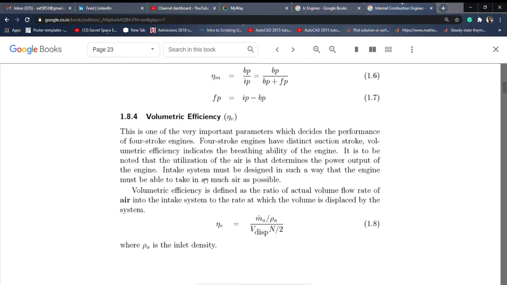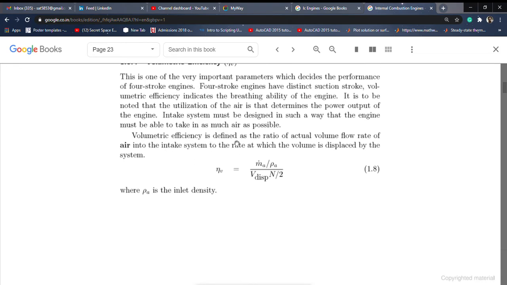Okay, the intake system must be designed in such a way that the engine is able to take in as much air as possible. Okay, so volumetric efficiency is defined as the ratio of the actual volume flow rate of air into the intake system to the rate at which volume is displaced by the piston, okay.